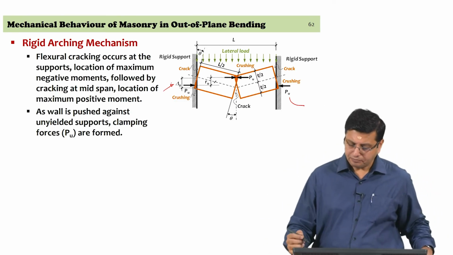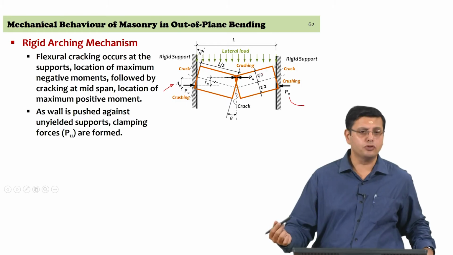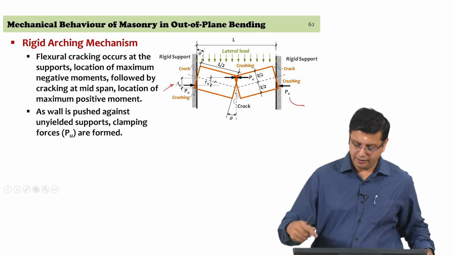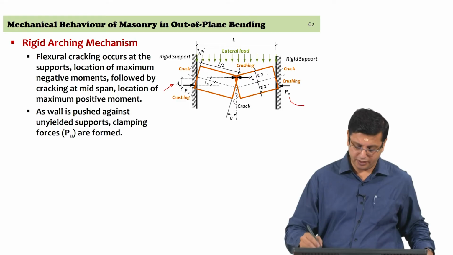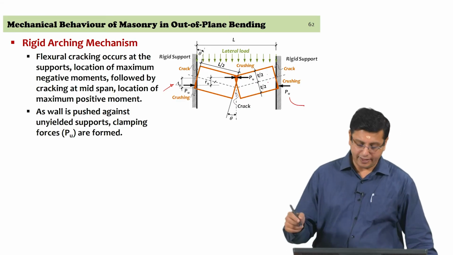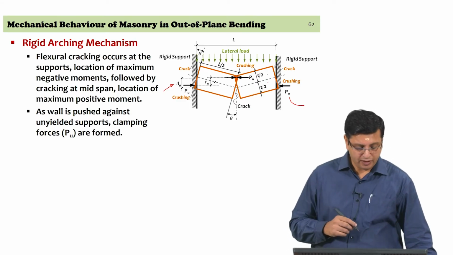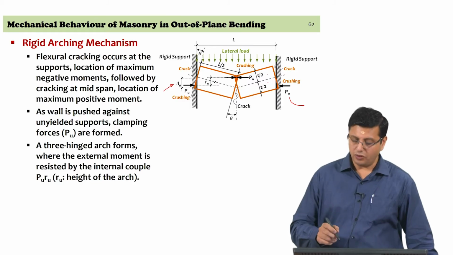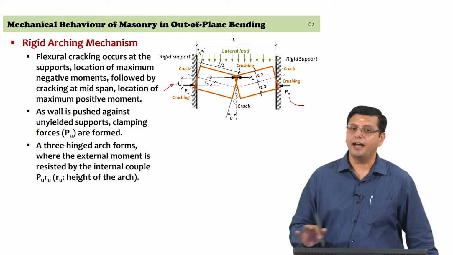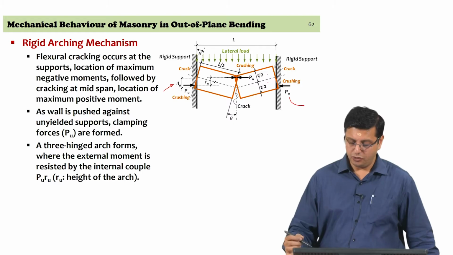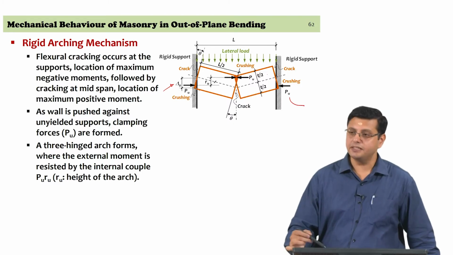Again, the thickness of the wall is considered as T, and as you can see, we have taken length L and thickness T in the wall. So, if you can actually examine what is happening in the wall, you have three hinges that are developed.